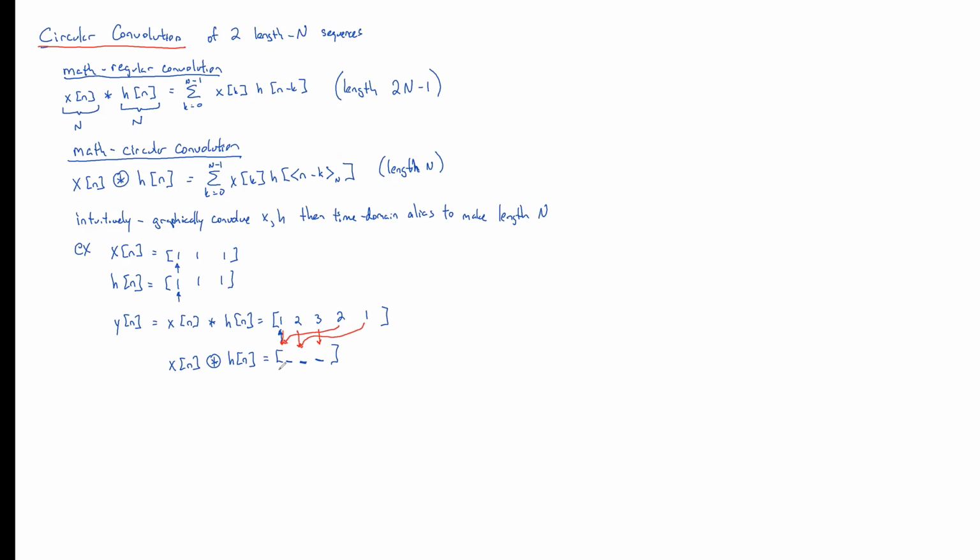So we'll have 1 plus 2, and over here we'll have 2 plus 1, and over here we just have the 3. So the result will be 3 in all locations. And that's how to intuitively find the circular convolution: first find the linear convolution, and then time alias.